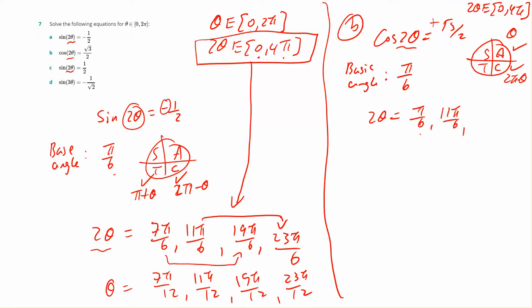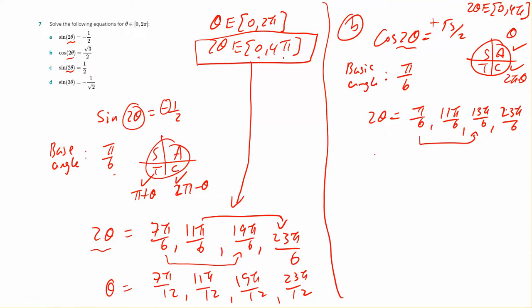Now I have to add 2 pi to my first solution to get my third solution. That will be 13 pi over 6. And 12 plus 11 is 23 pi over 6. Okay. And again, all these solutions are within my domain for 2 theta.